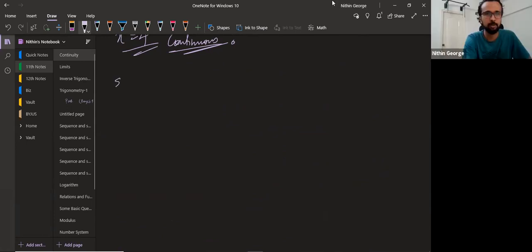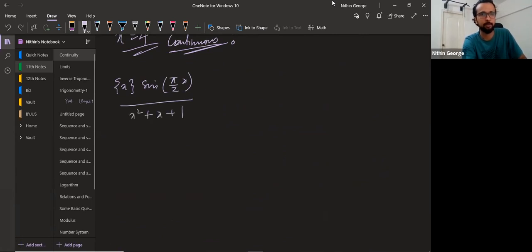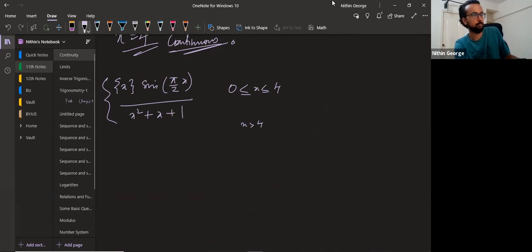We write the function down: fractional part of x times sine pi by 2 x, divided by x squared plus x plus 1, and something else when x is greater than... At x equal to 0, what can you say about the LHL?